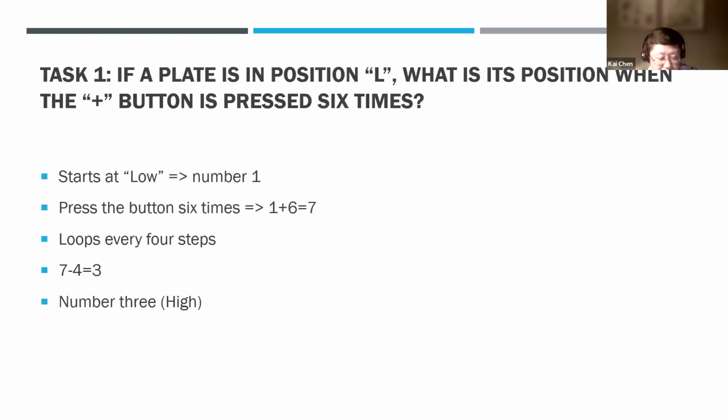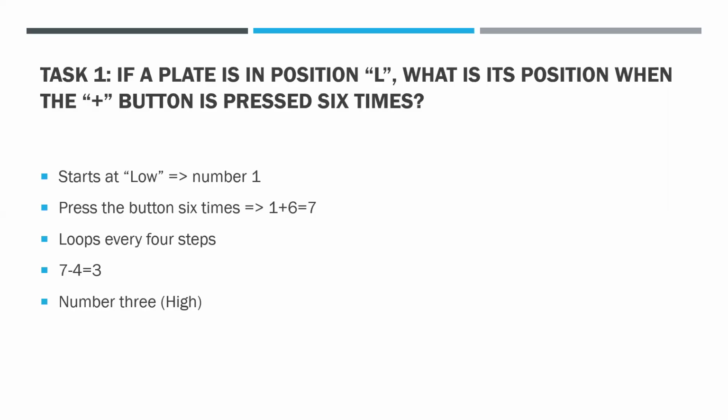Task 1, if a plate is in position L, what is its position when the plus button is pressed 6 times? So for task 1, the stove plate starts at low, which we label as number 1. We press the plus button 6 times, which means we add 6 steps.